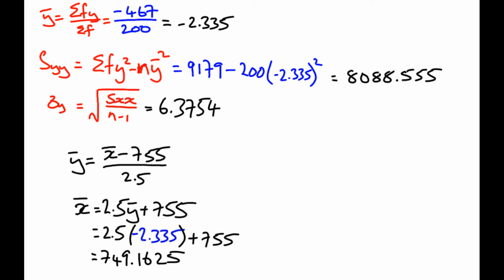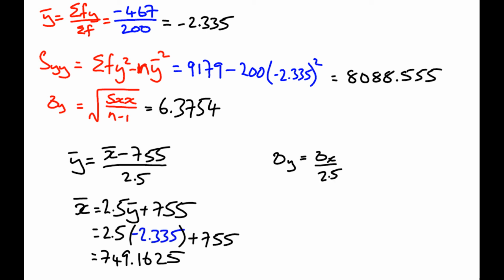Let's think about what the coding formula for standard deviation of Y was. To find the standard deviation of Y, we know that only the multiplying and dividing would have had any impact, so we're going to ignore the subtraction. So I know that would be the standard deviation of X divided by 2.5.